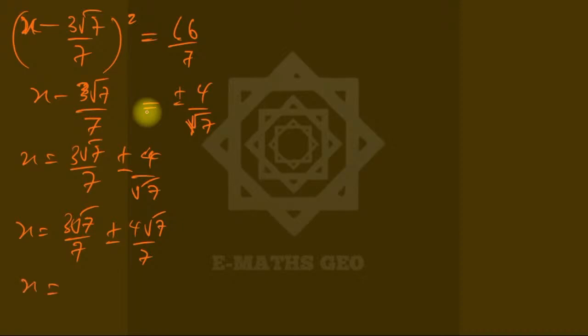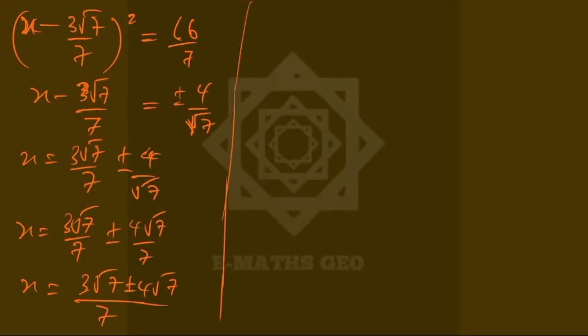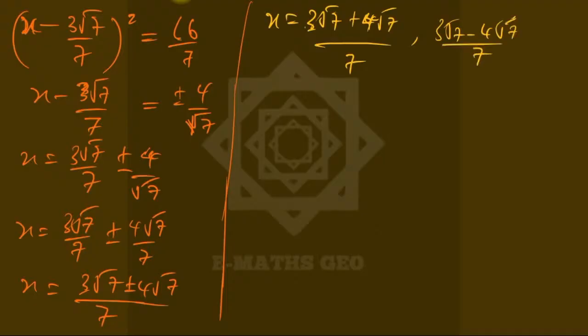So now this means two answers, the LCM, and as you can see, this has two answers, the addition and the subtraction. So it's either 3 root 7 plus 4 root 7 over 7, or 3 root 7 minus 4 root 7 over 7.